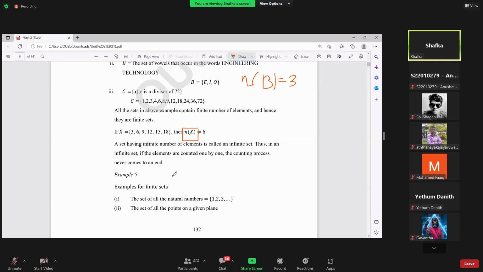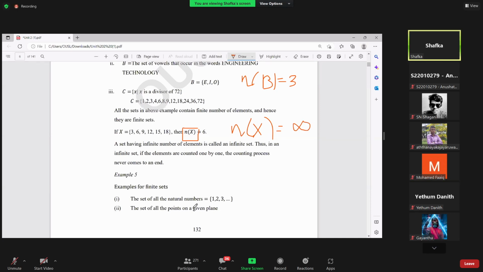Okay. If a set has an infinite number of elements, we call it an infinite set. And if X is an infinite set, how many elements are there? We can't count infinity, so that should be infinity.